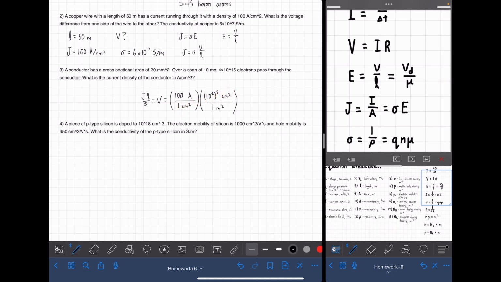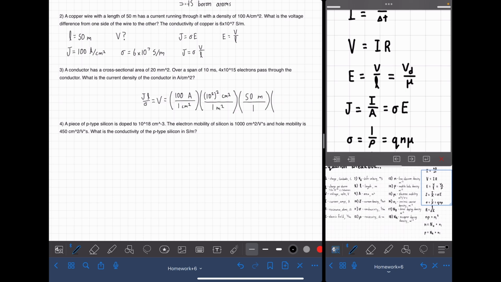So let's go ahead and add our second term. That's length. So we know the length of the wire is 50 meters. So we have one of those meters canceling out. So now we just have amps per meter.